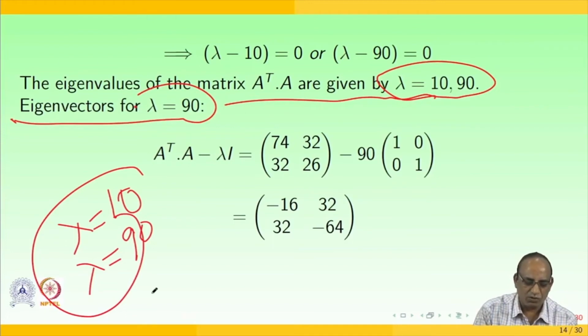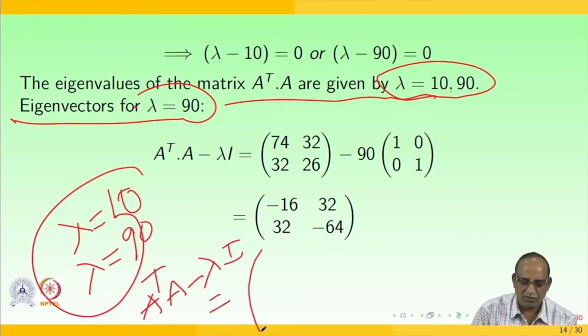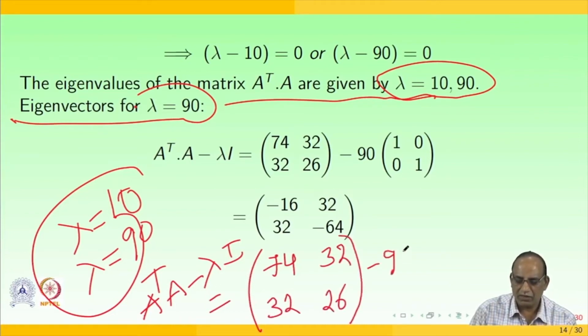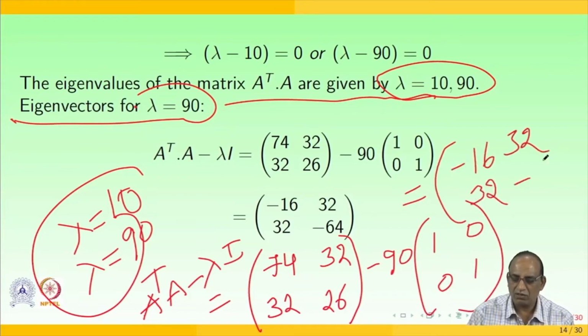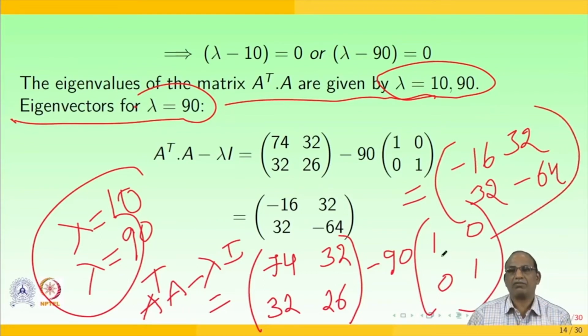So A transpose A minus lambda I is equivalent to 74, 32, 32, 26 minus 90 times of 1, 0, 0, 1, which essentially will become minus 16, 32, 32, minus 64.